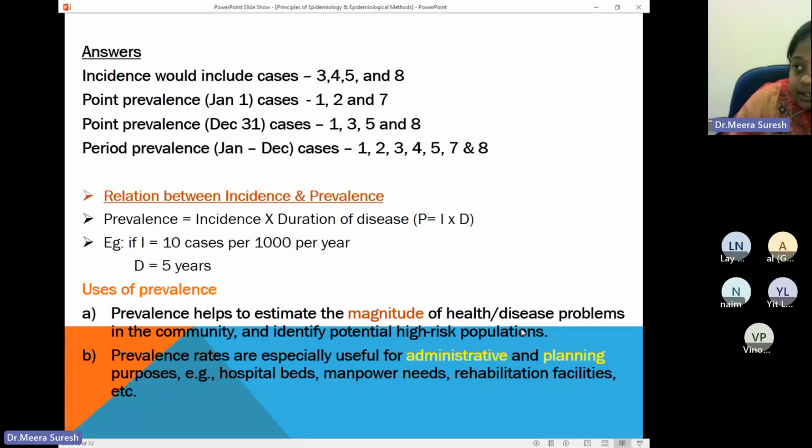So that shows the magnitude of that particular disease in a particular population, and it is also helpful for administrative and planning purposes. Example: hospital beds, manpower needs, rehabilitation facilities, etc. For example, in the college where I studied, for chickenpox there is only Ayurvedic or homeopathic treatment usually being done.